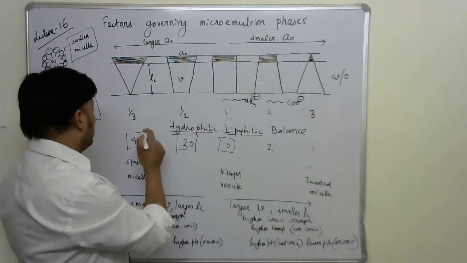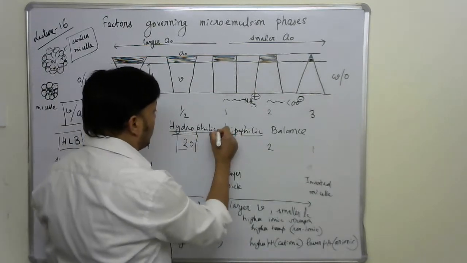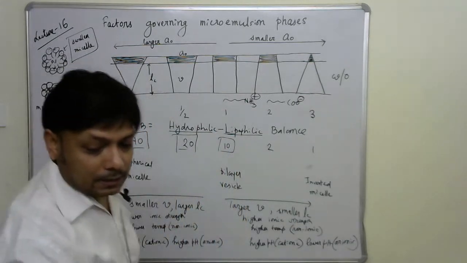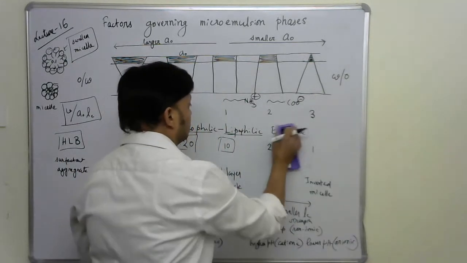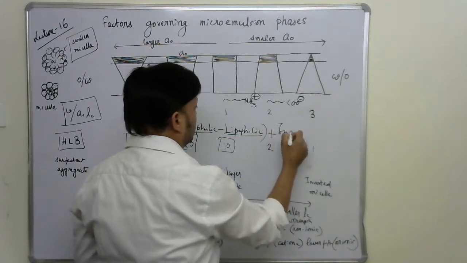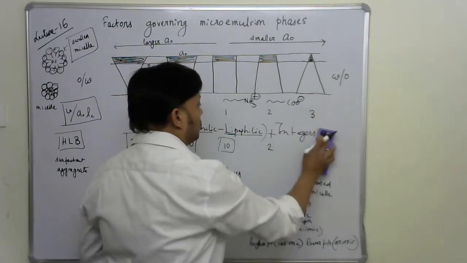So the HLB index is represented as hydrophilic part minus the lipophilic part plus some integers.